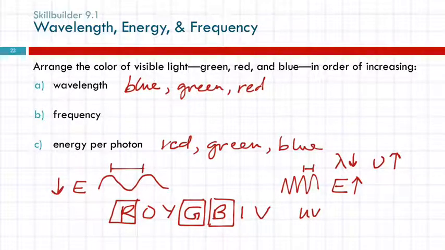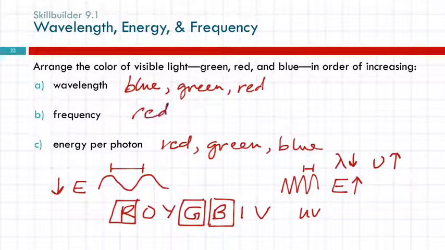There's really only two good possible answers to these questions. The order, green is always going to be in the middle. It's just a question of, is it red, green, blue, or is it blue, green, red? So the frequency, which is the shortest, the lowest frequency? The red.